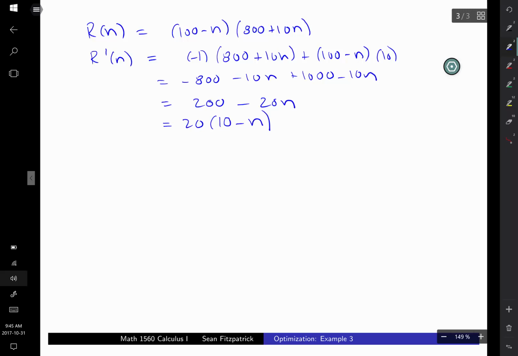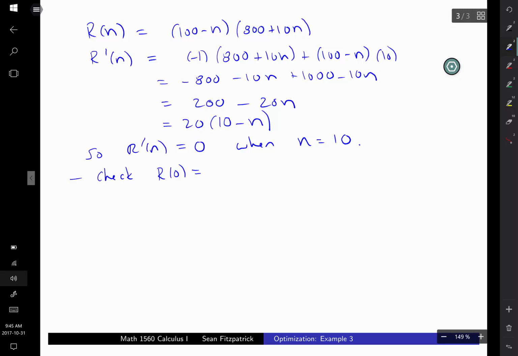Okay, so that means that R prime equals 0 when N is equal to 10. And that's our only critical number, right? And so in this case, because we have a closed interval, we should check R of 0.